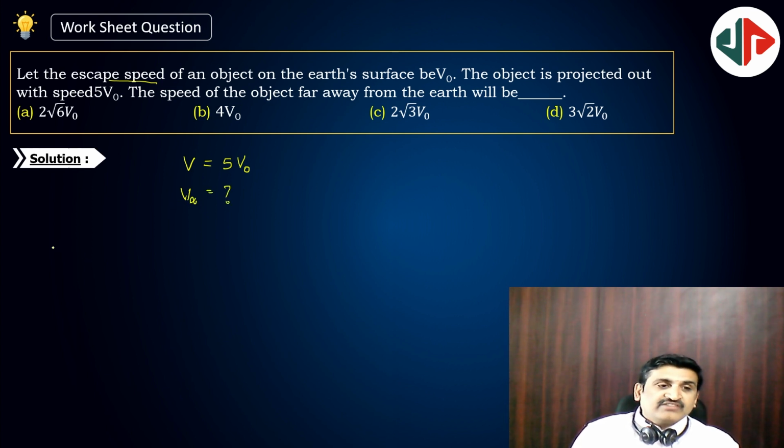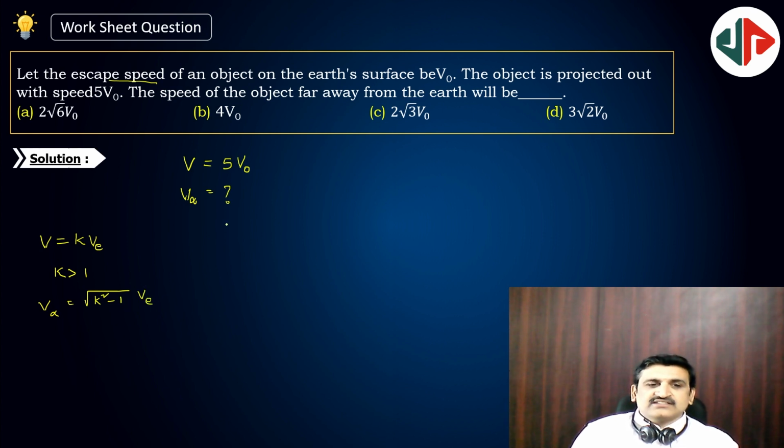We have one formula: if the projected velocity is k times the escape velocity and k is greater than 1, then velocity at infinity is square root of k square minus 1 into Ve.